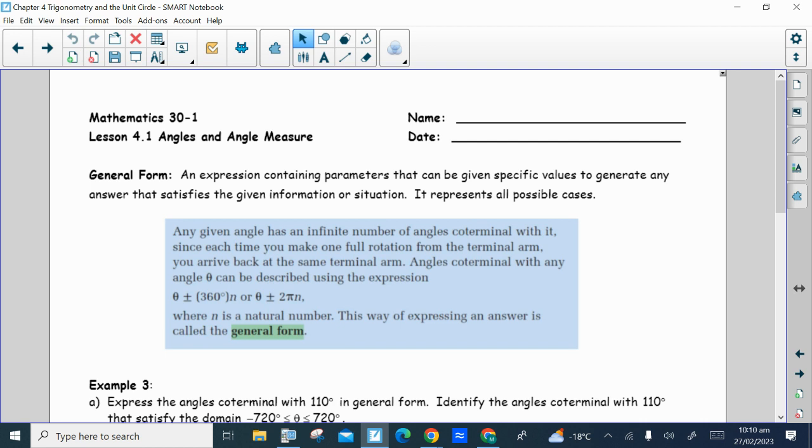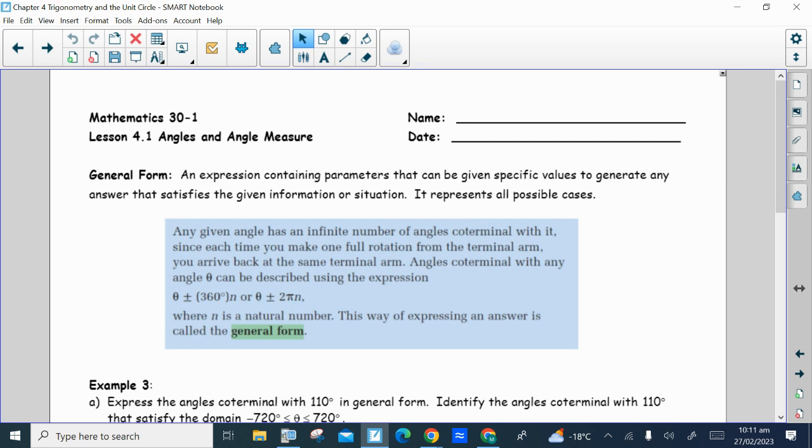So we can have the general form of a rotation angle. It's an expression containing parameters that can be given specific values to generate any answer that satisfies the given information or situation. It represents all possible cases. So any given angle has an infinite number of angles coterminal with it, since each time you make one full rotation from the terminal arm, you arrive back at the same terminal arm.